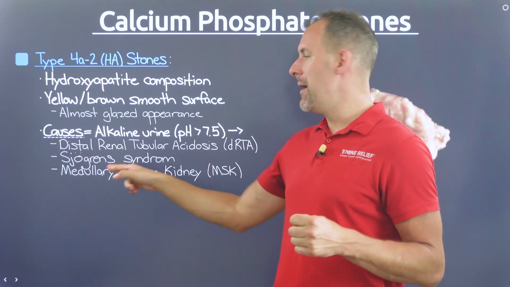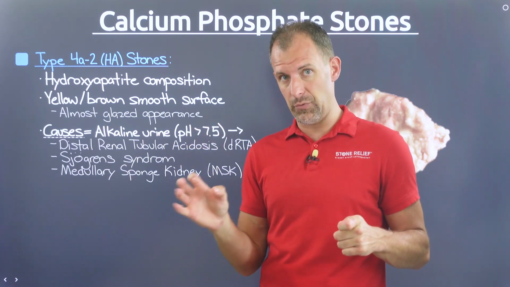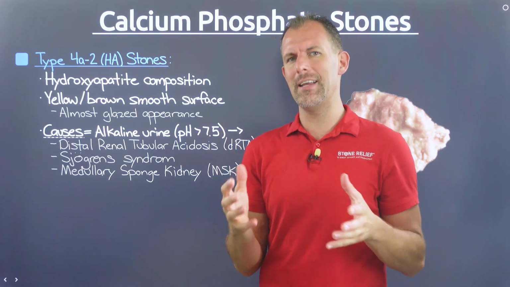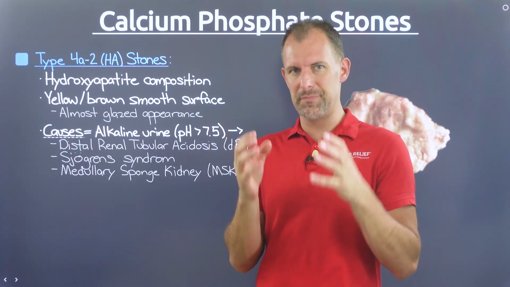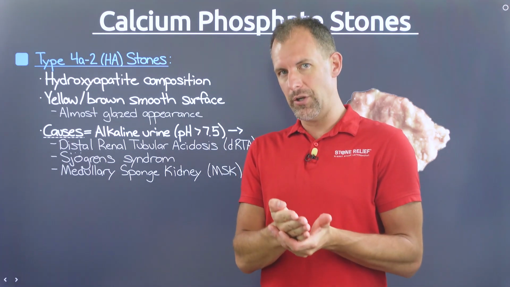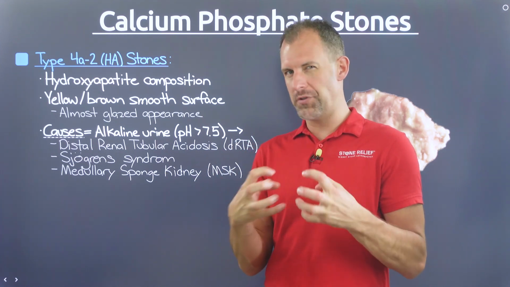And then lastly, medullary sponge kidney, a particularly nasty condition which creates little porous pockets. Your kidney ends up looking like Swiss cheese or a sponge. But this particular condition creates alkaline urine. Now, people who suffer from MSK get a whole host of different types of stones.